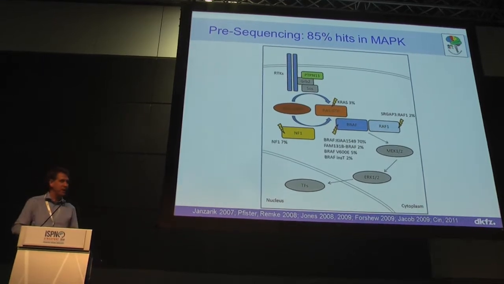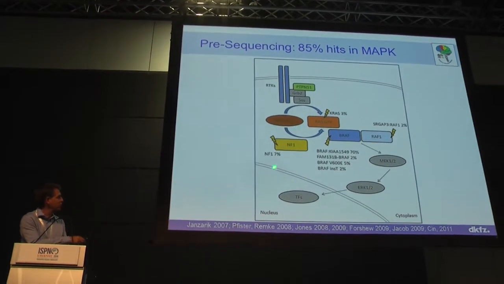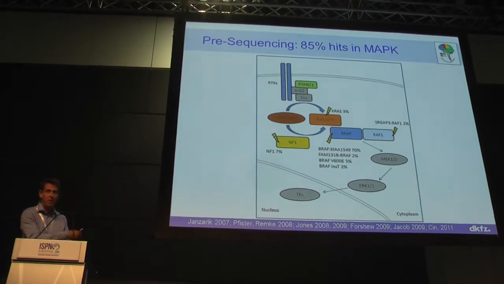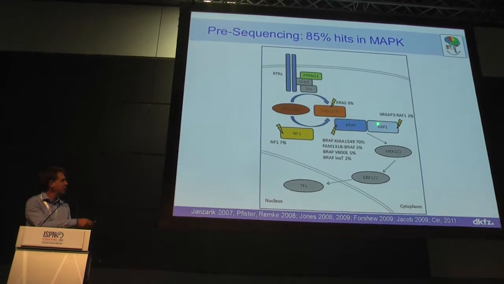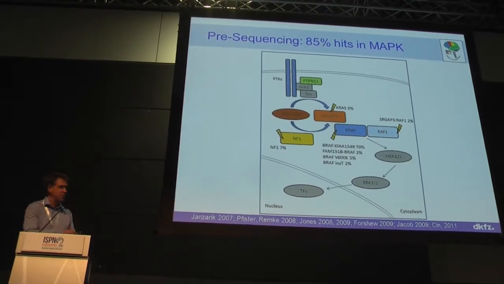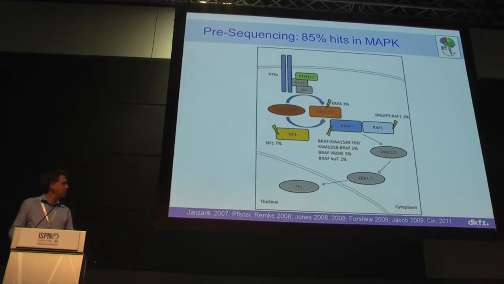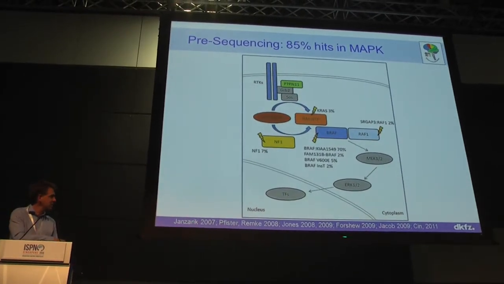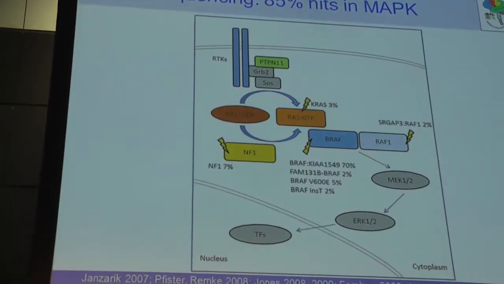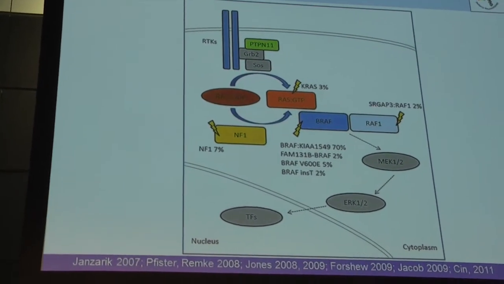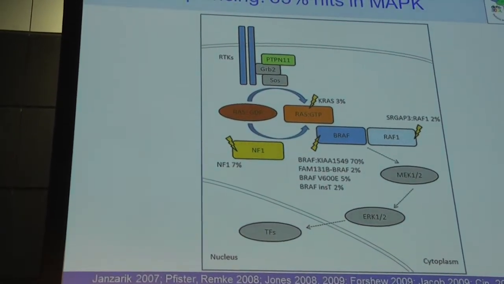And you can see depicted here that these hits are mainly in the BRAF gene, but of course we have these NF1 patients, NF1 also being a gene that is feeding into the MAP kinase pathway, and we have rarer mutations in KRAS or in the BRAF homolog RAF1. So even back then, and there was a whole series of papers at that time, we already started thinking about this potentially being a very interesting target for therapies.